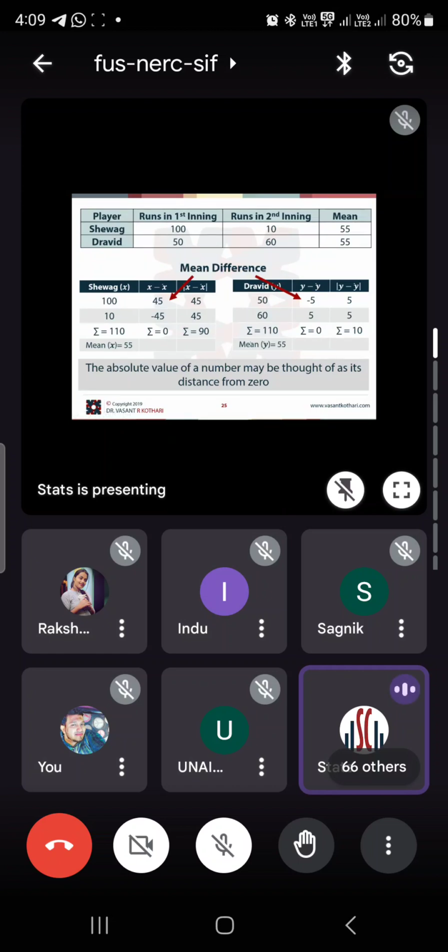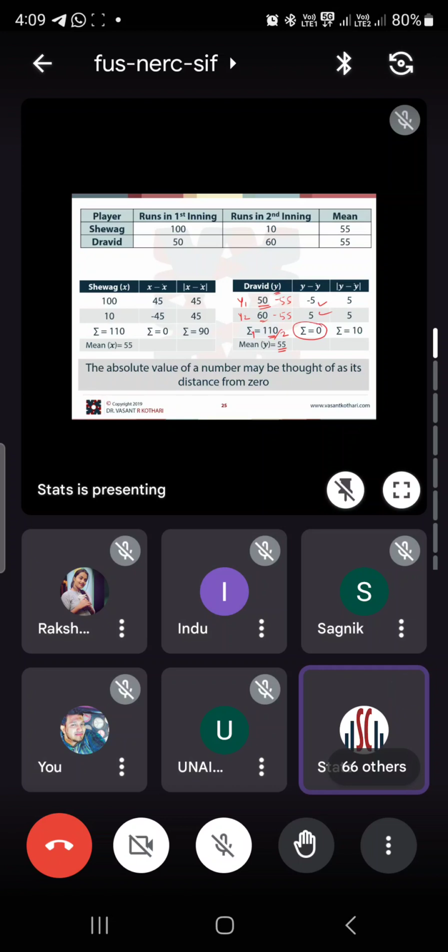See this, in case of Dravid, you have the 50 and 60 runs. We'll say the Y variable. This is Y1, this is Y2, this is summation of Y 110, and average is 55. Again here, when you take the mean difference, you will get minus 5 and plus 5.